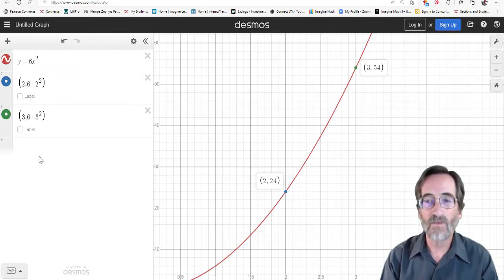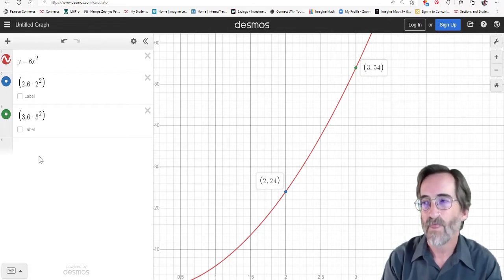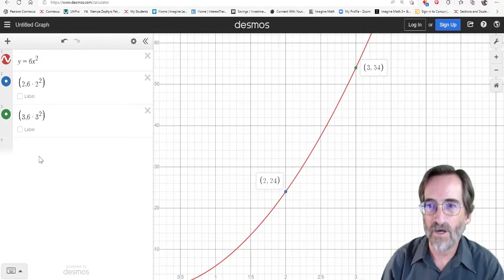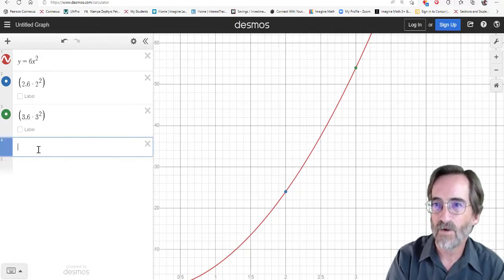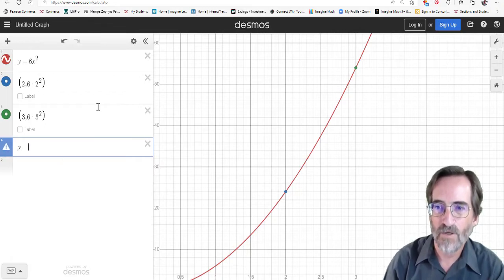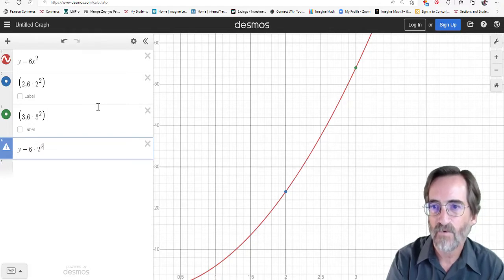I can plot the secant line in Desmos by using the point-slope form of a line. So I'm going to say y minus one of the y values. I'm going to go with the blue point. y minus 6 times 2 squared equals the slope.